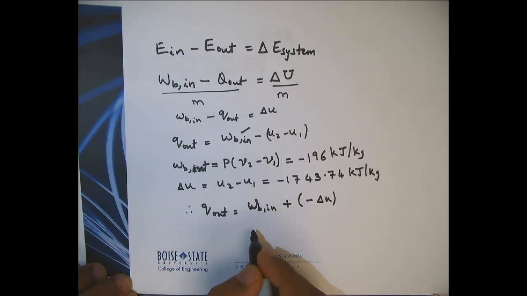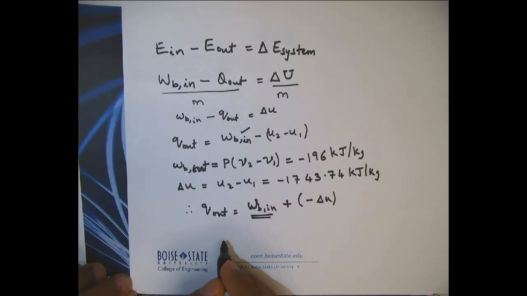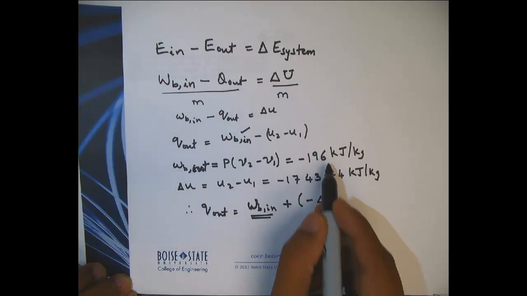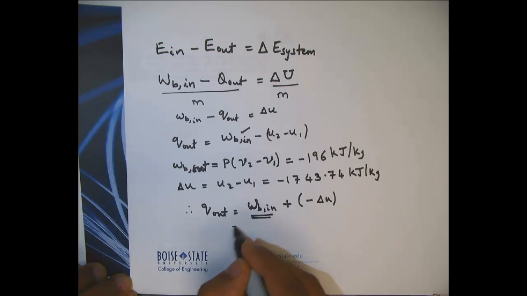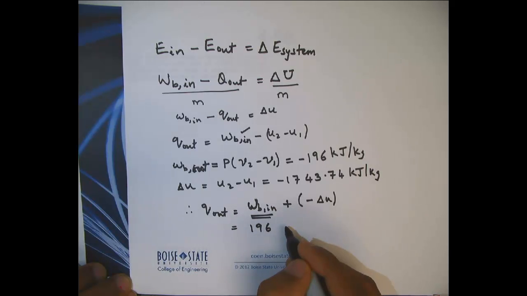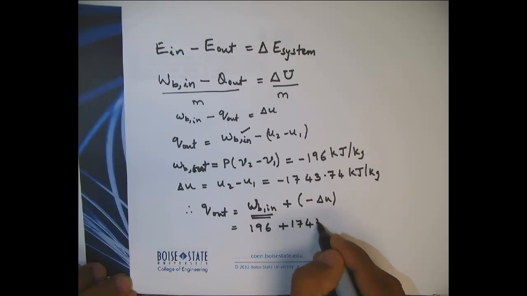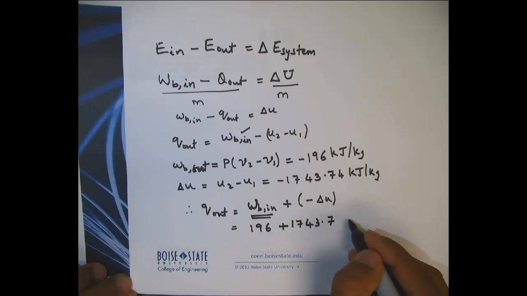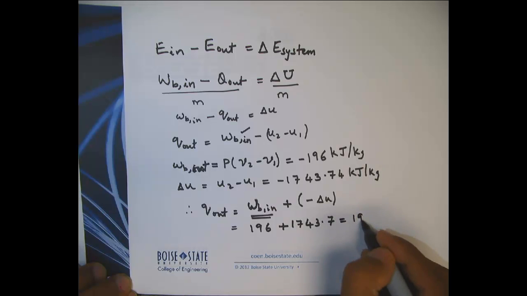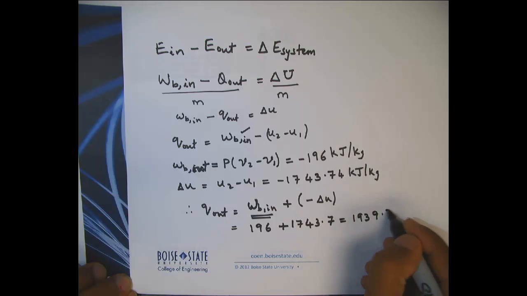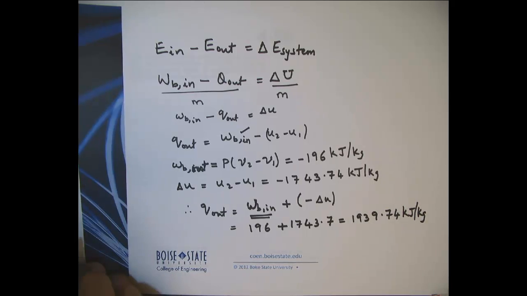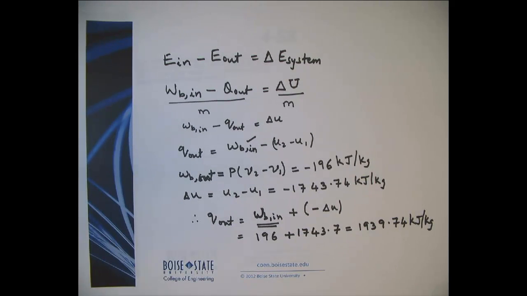It's the same thing shown here, whereas we want wb in, we got wb out, so we have to change that sign here. So it would be 196 kilojoule per kg plus 1743.7 kilojoule per kg, so we end up with 1939.74 kilojoule per kg. So that's your heat transfer in the process.